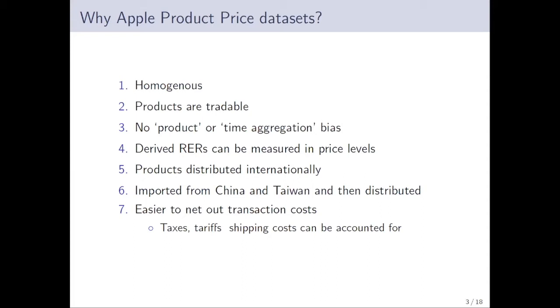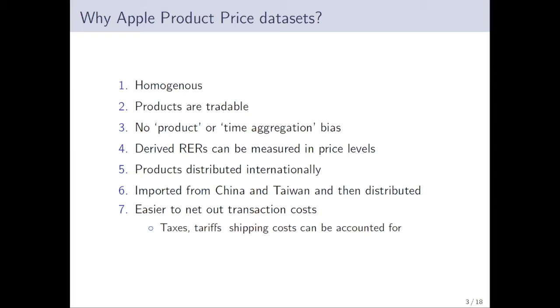So some of the additional benefits of using Apple products include the products are widely available internationally, which helps add power to analysis with larger cross-sections we can compare. The products also have a single point of origin, that is, they are manufactured in China or Taiwan and then shipped from there. As such, the most significant non-tradable component of their prices are attributable to these specific countries, which is exactly the same for all products.